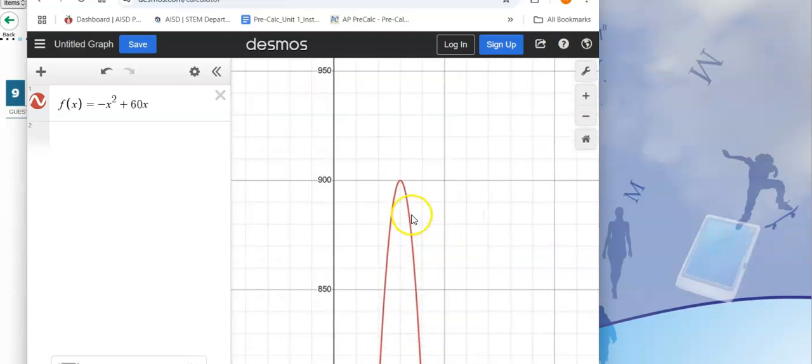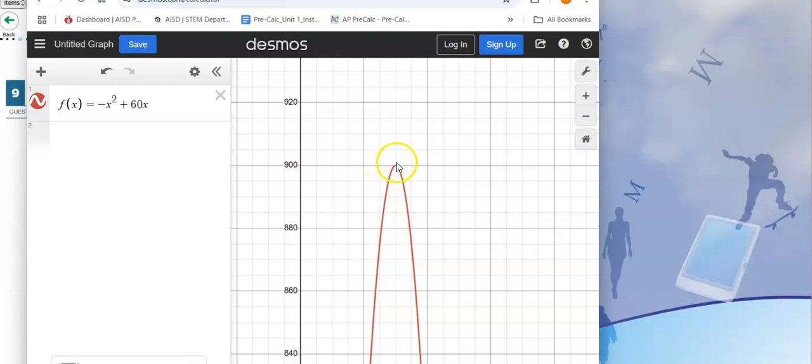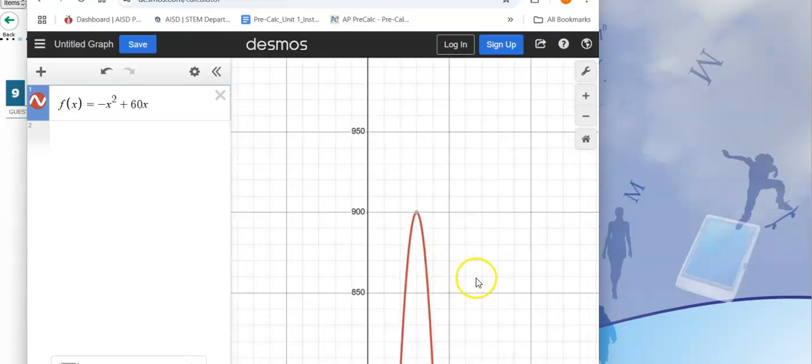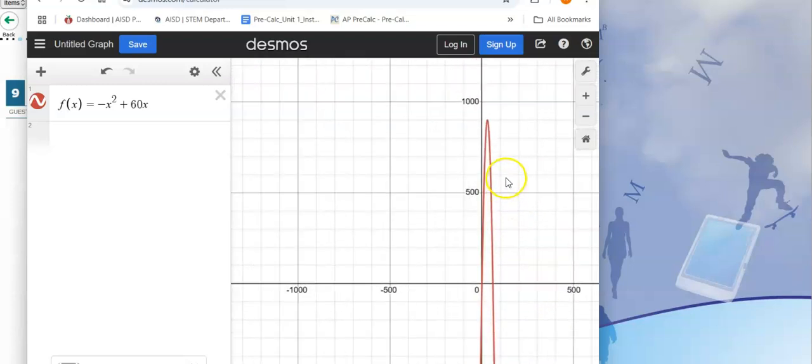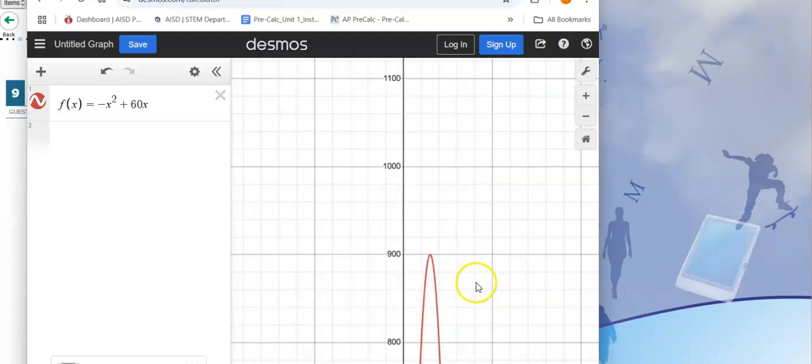So right here, this number right there is an important number to really understand what's going on. So once range. Range means y value. So the y value here is 900. Now, this is the absolute top of the parabola. If you actually graph this, it looks like this. It's huge. But we just need this number.